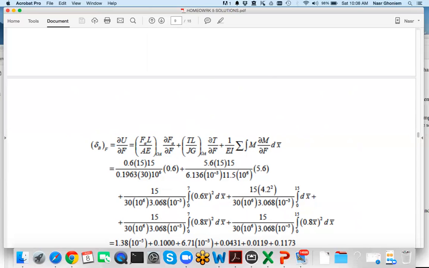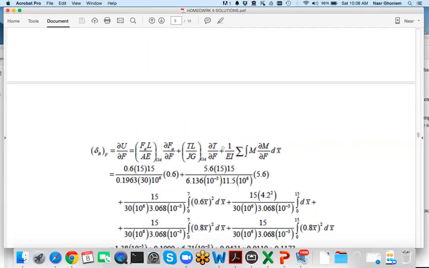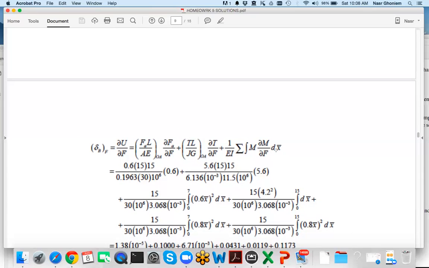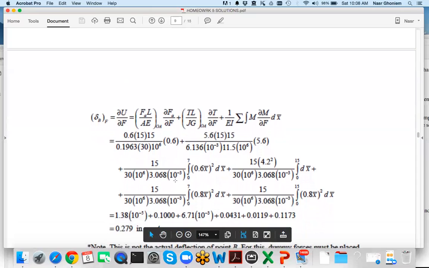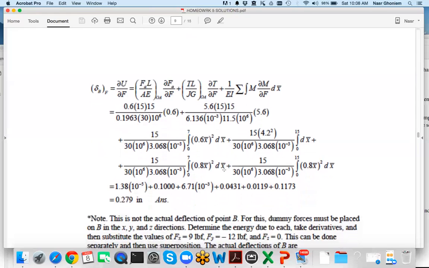There's also a component stored in torsion, which we also handle without integration because dT by dF is a constant. The only aspect that needs integration is the moment contribution. So the moments we integrate over the various pieces: one piece from 0 to 7, another piece from 0 to 15, and add up.